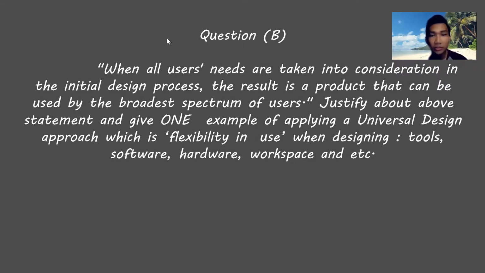Next is question B. When all user needs are taken into consideration in the initial design process, the result is a product that can be used by the broadest spectrum of users. Justify the above statement and give one example of applying a universal design approach, which is flexibility in use when designing tools, software, hardware, workspace, and others.